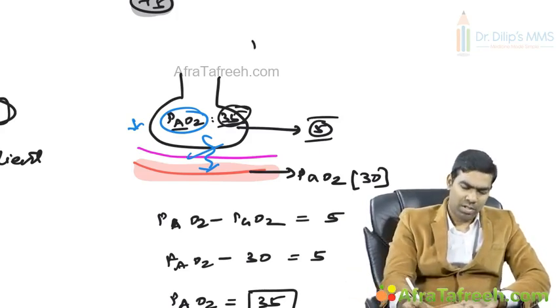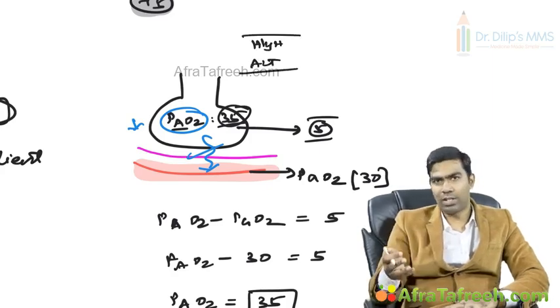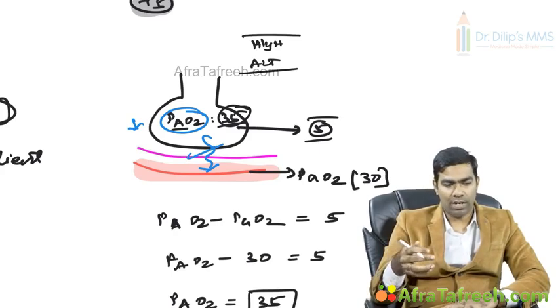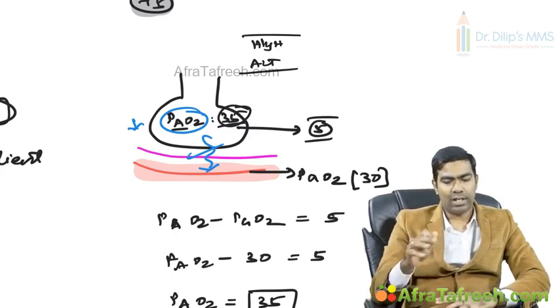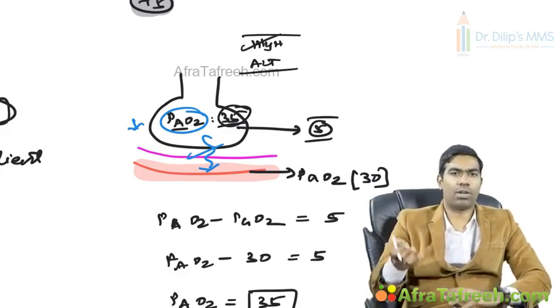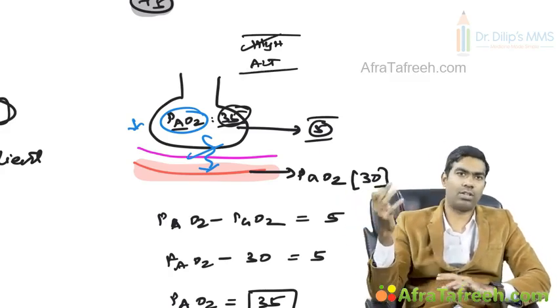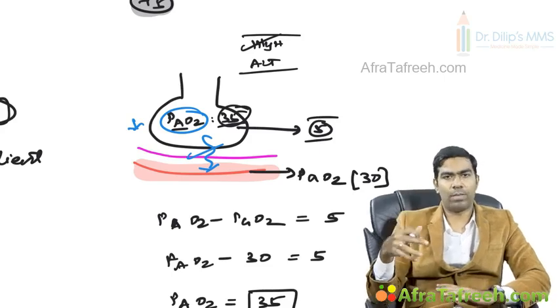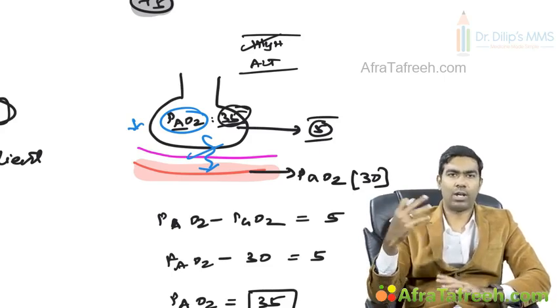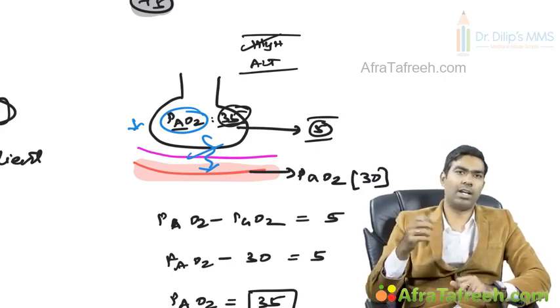Very easy example, you can say high altitude. Even though in physiology we give high altitude as the typical example, in clinical reasoning I don't give high altitude as an example. You can tell conditions which reduce the environmental oxygen. For example, a patient is on a ventilator and the oxygen cylinder guy has forgotten to change the cylinder. This happens very commonly in low resource settings, where they don't have a proper oxygen supply and are still dependent on cylinders.